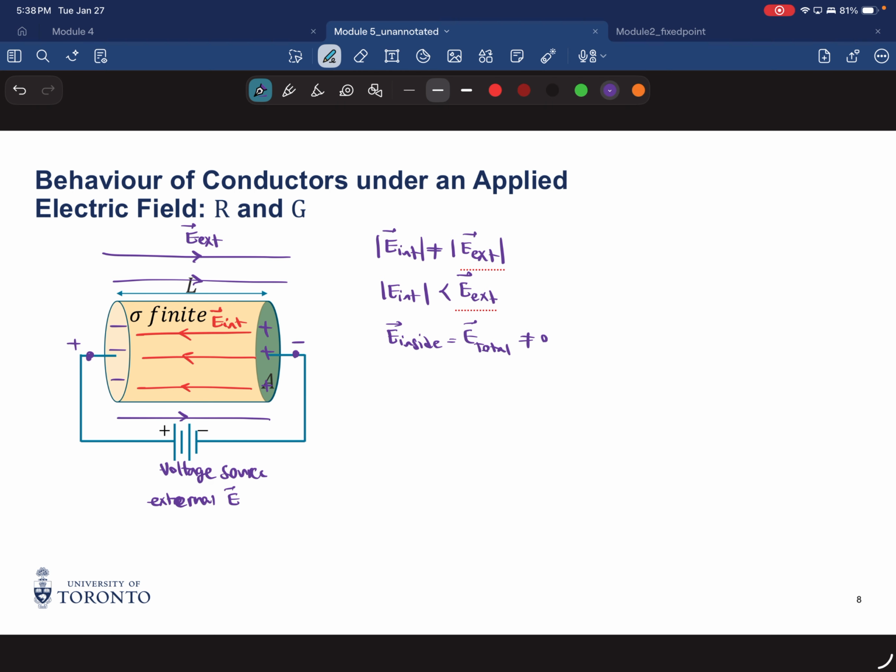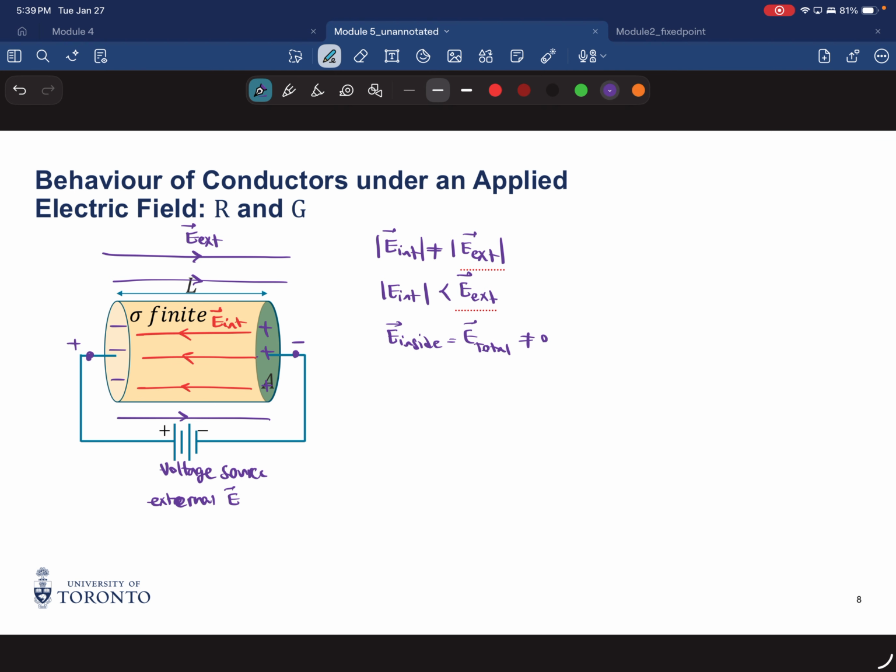When the E inside is not completely 0, it's as if we have a resistance in that conductor. Because if it was infinite conductivity, there would be no resistance and the current would just go through. But finite conductivity introduces some resistance.